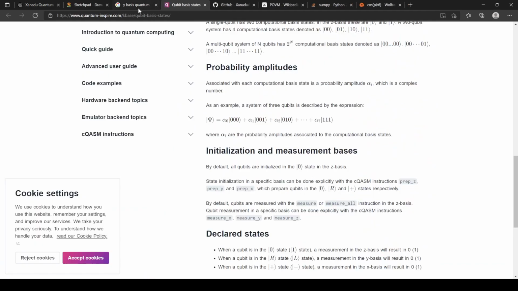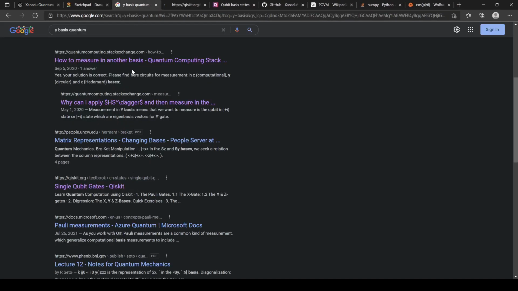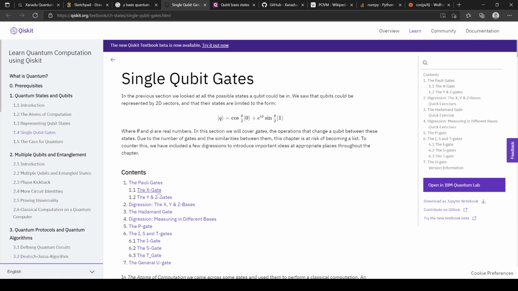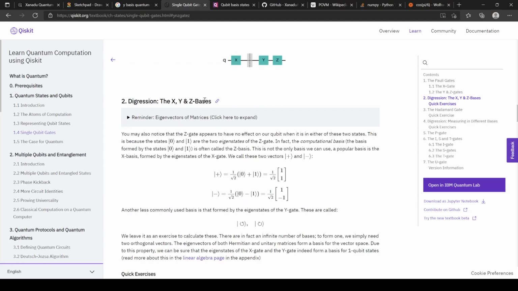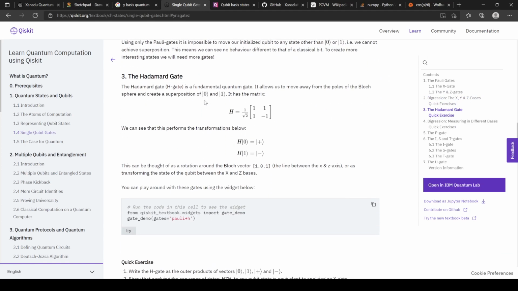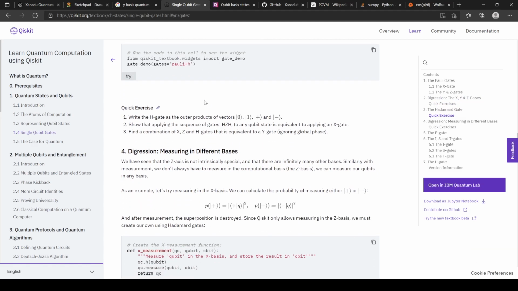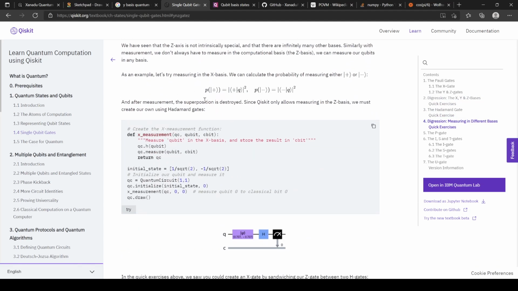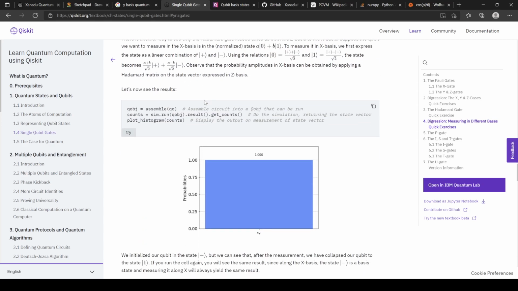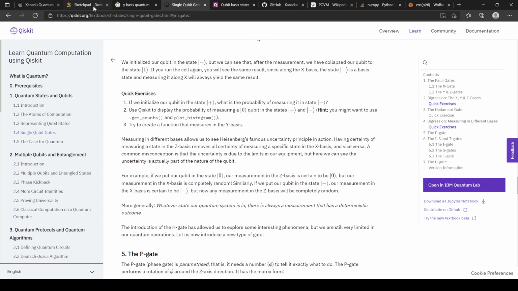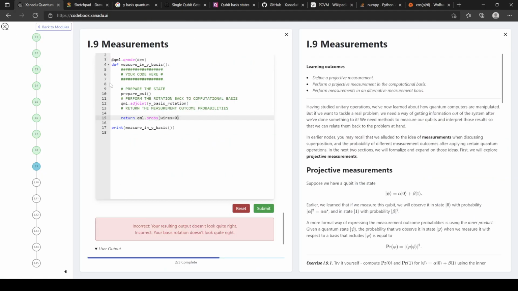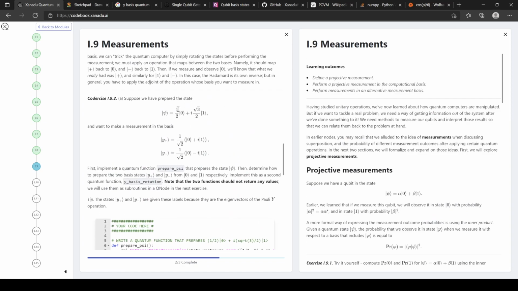I get why it should be working. I don't get why it isn't working. Okay, this is very frustrating. We've prepared the state. We want to make a measurement in that basis.